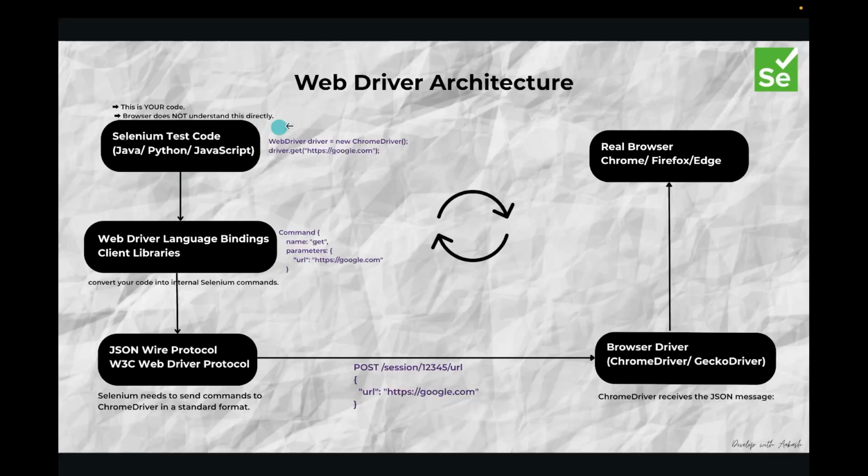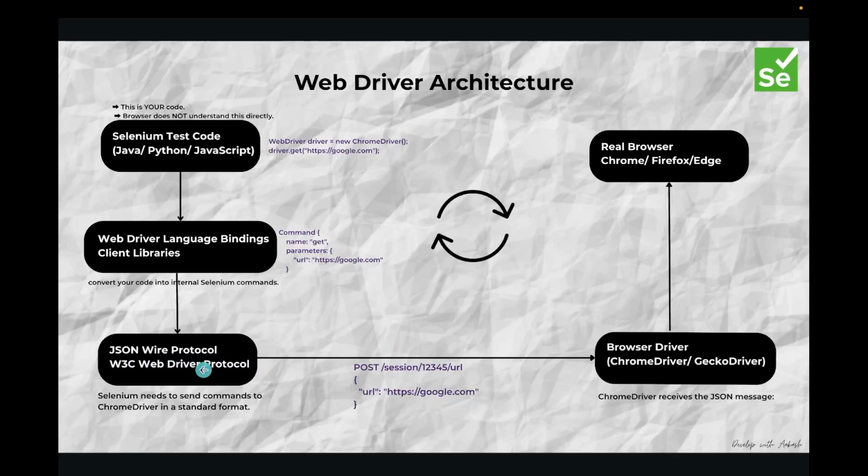It is very simple to understand. I hope this is clear. There are many interview questions that can be framed from this particular architecture. For example, the interviewer can ask you how the web driver passes the command to the browser driver. Then you can say, sir, it passes the command from web driver to the browser driver via JSON via protocol, or the W3C WebDriver protocol.